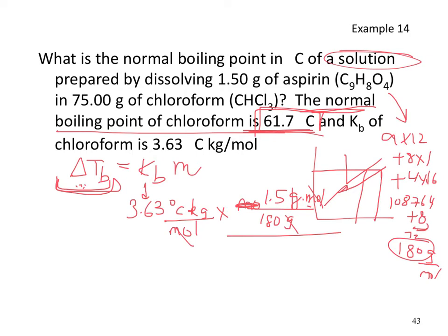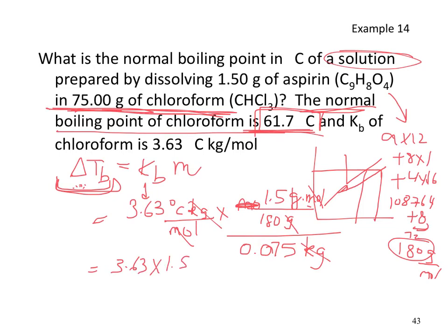I'm supposed to write down the solvent, which is chloroform, in kilograms. Since I have 75 grams only, I can divide that number by 1000, and that will give me a value of 0.075 kilograms. The kilograms and kilograms will also cancel off, and my delta Tb, which is the change in temperature, is going to come out in degrees Celsius. So the math here is pretty simple. 3.63 times 1.5 divided by 180, whole divided by 0.075.